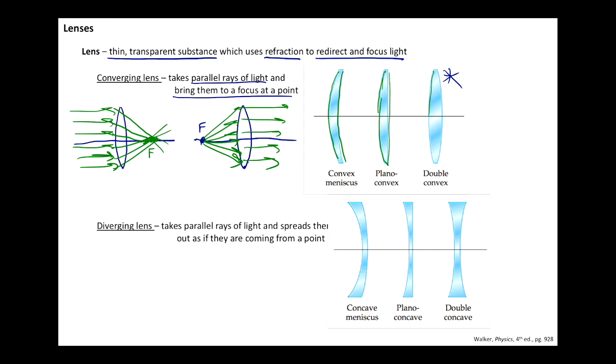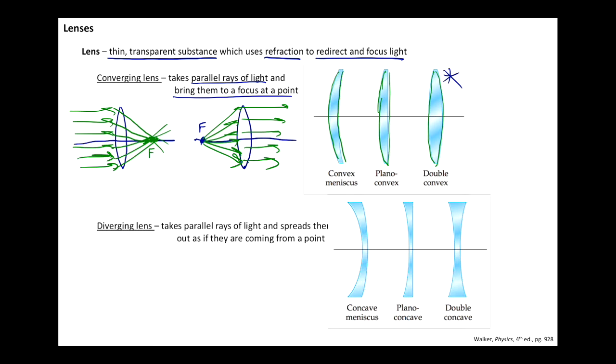Or we can have convex one direction and then convex the other direction, or concave if you want to think about it from the left. All of those shapes will act as a converging lens. So if you get in the lab and you're handed a big pile of lenses, and they're like, get a converging lens, you've got some options. Okay? They might not all have this common shape where it goes out on both sides.